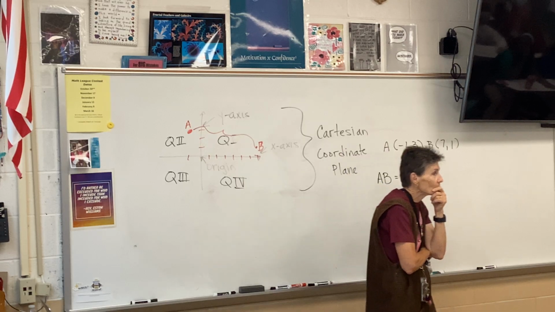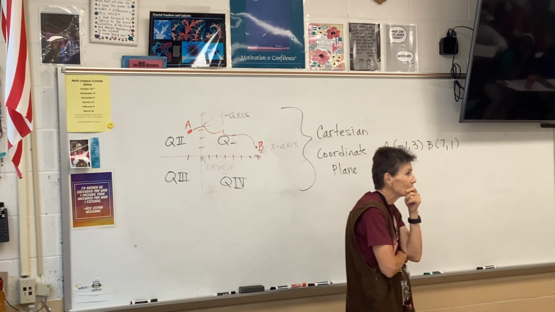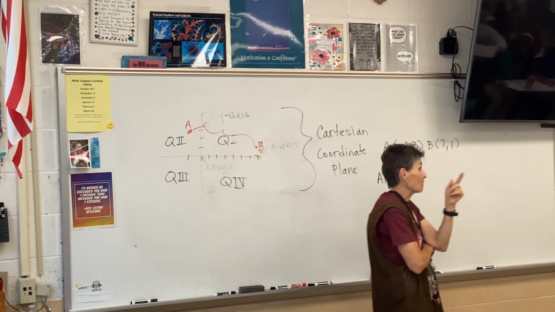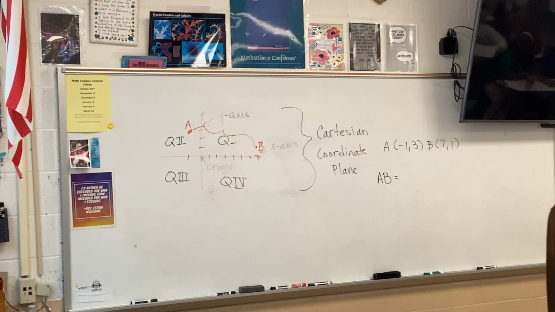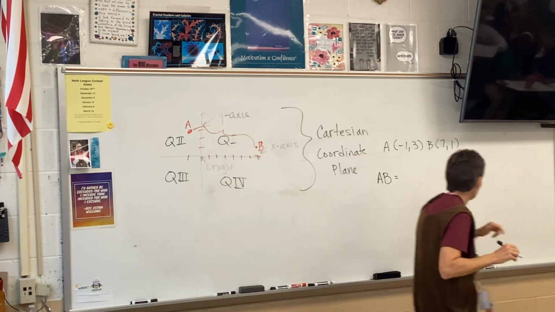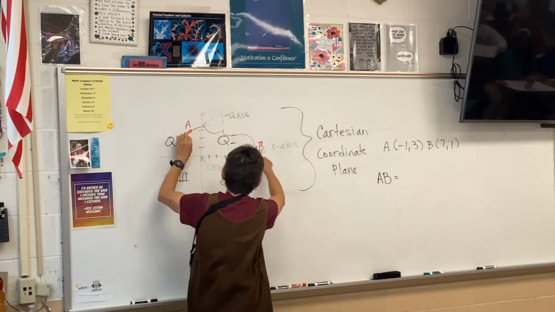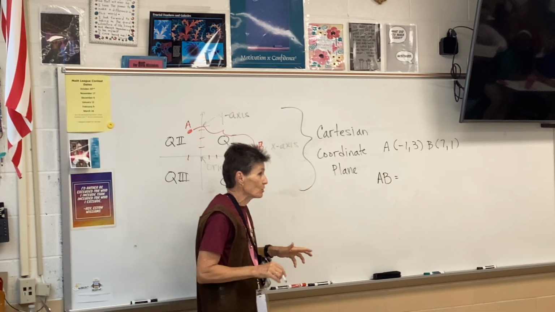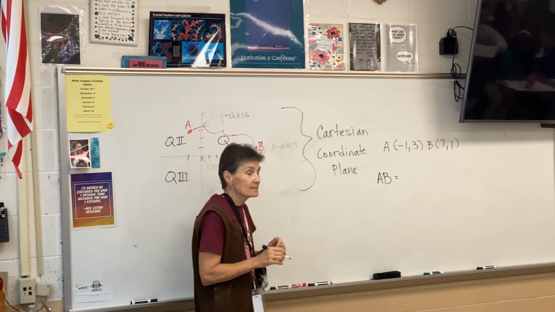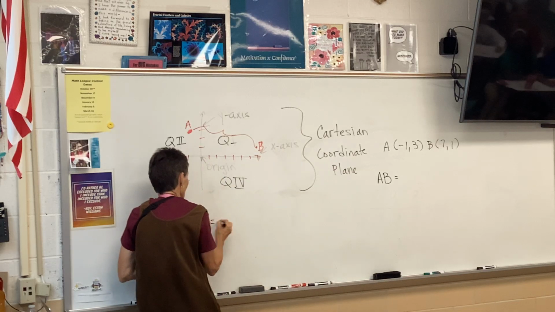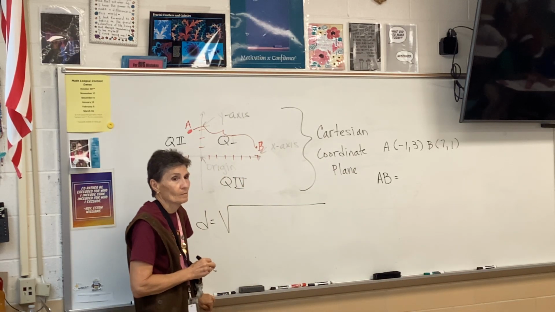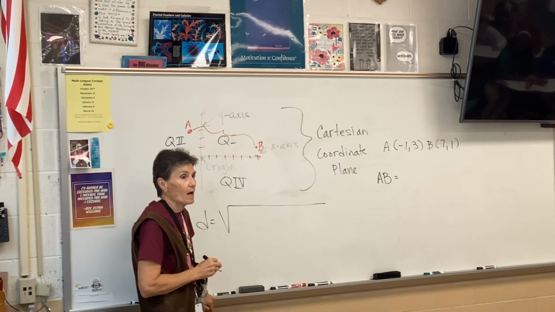Is it x1 plus x2 divided by 2? Okay, now that is midpoint. If I wanted to find the point right in the middle of these two, I would do what you did. We're going to do that too, but that is not distance. Distance is the one with the big radical. Remember that? Anybody remember what's under the radical?